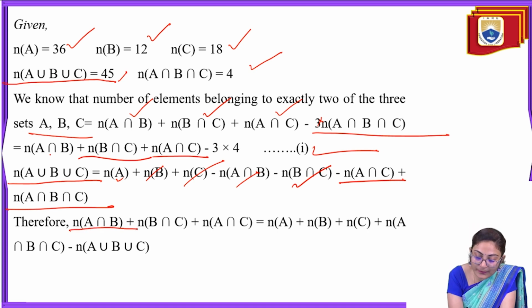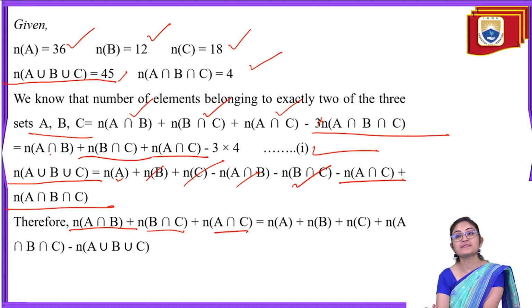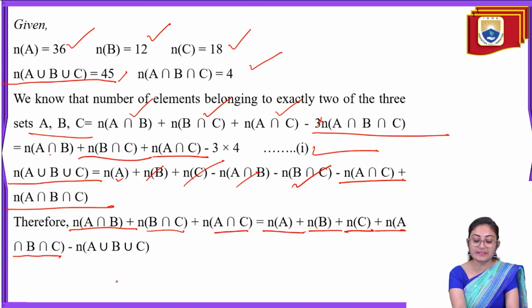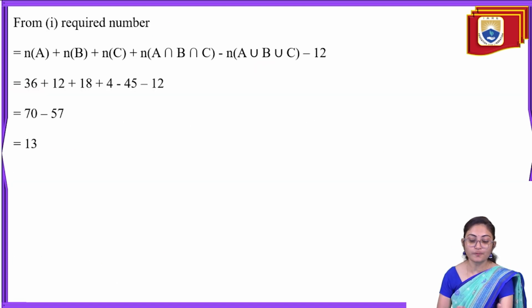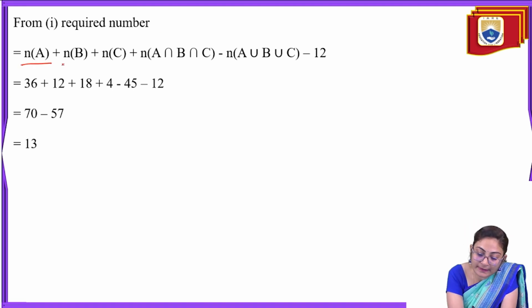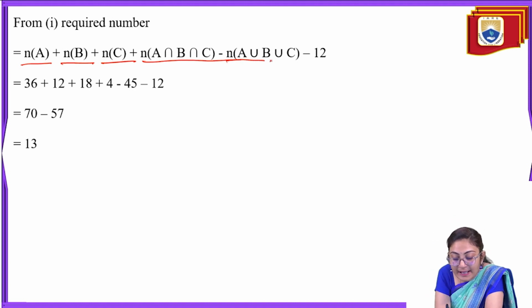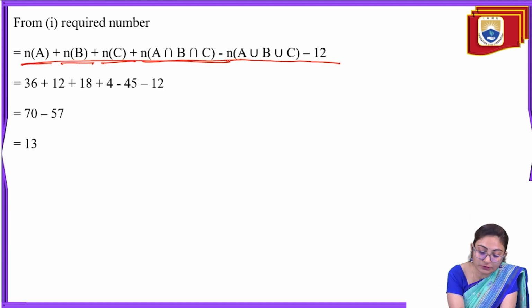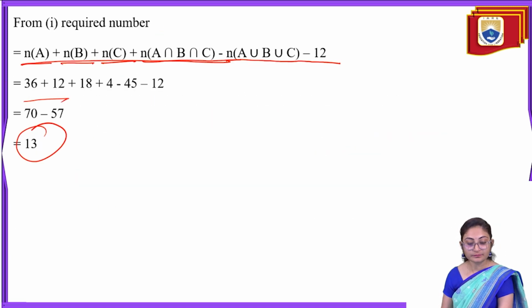That means N of A intersection B plus B intersection C plus A intersection C is equal to N of A plus N of B plus N of C plus N of A intersection B intersection C minus N of A union B union C. Now from the first, N of A plus N of B plus N of C plus N of A intersection B intersection C minus N of A union B union C minus 12. Now you have to put in all the values, and after solving this, you will get the answer, that is 13.